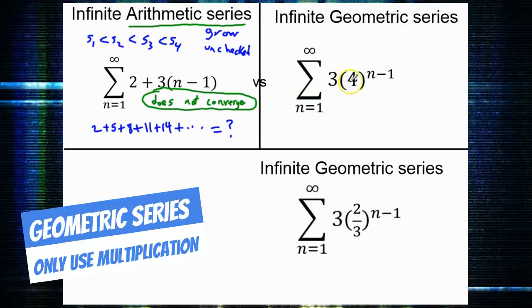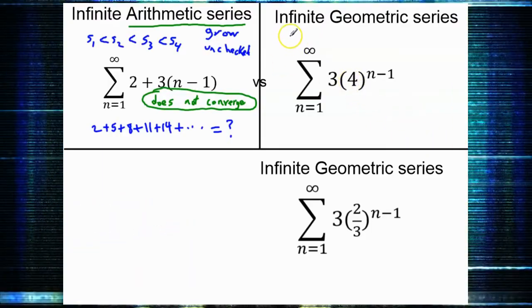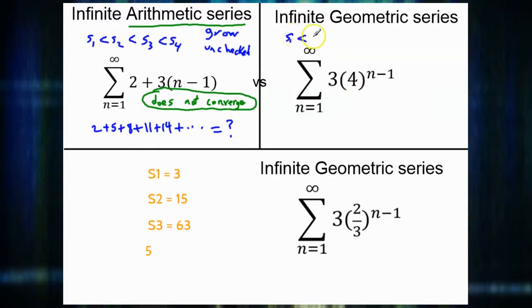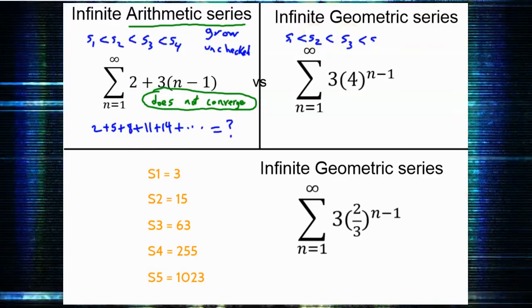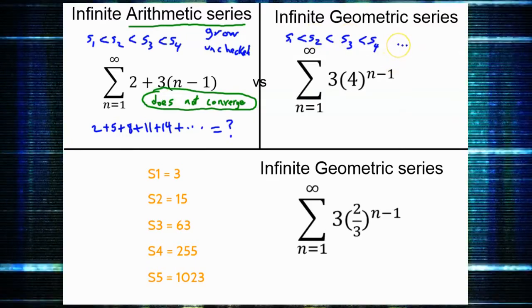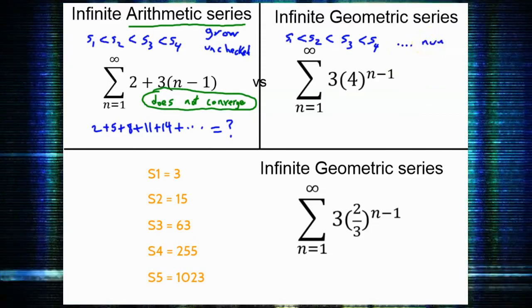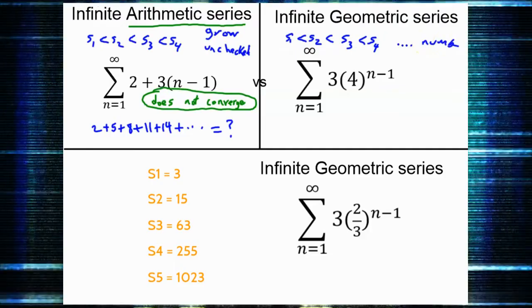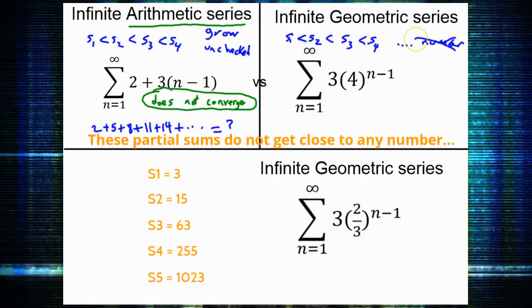Now let's talk about getting the partial sums of the series. If we substituted n, we'd end up with s sub 1, s sub 2, all the way through s sub 5 if we needed, and we can keep going if we wanted to. Just like in the previous example, these numbers are just going to get huge, so there is no number that this is going to get close to.